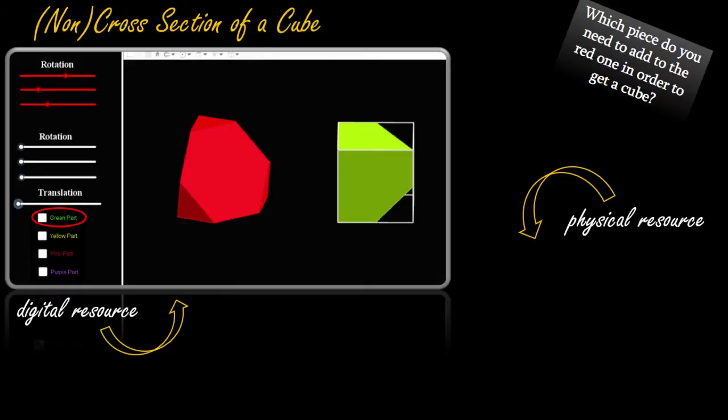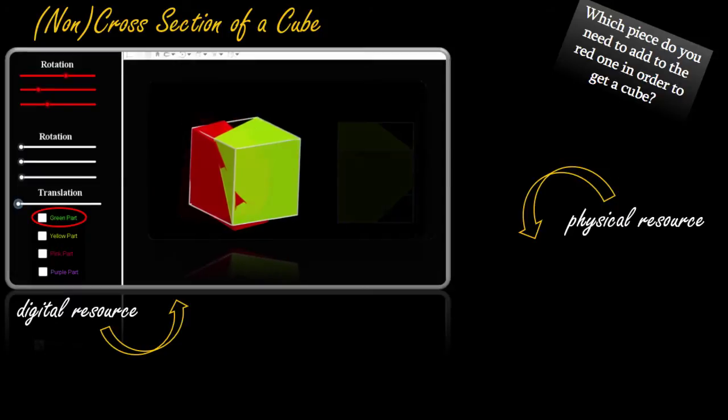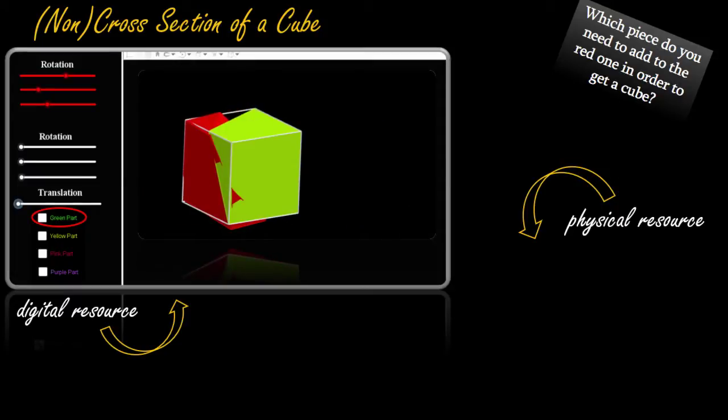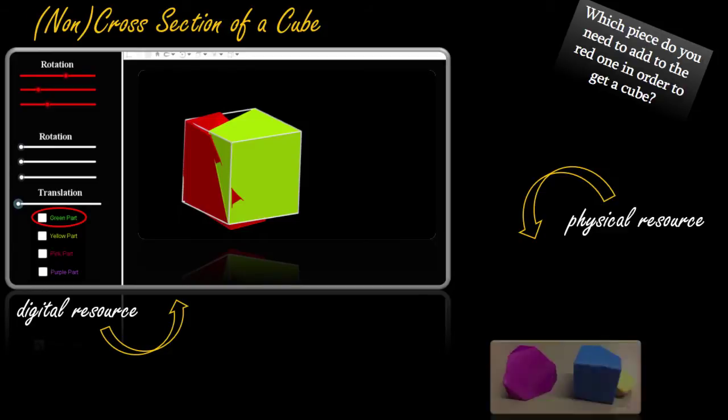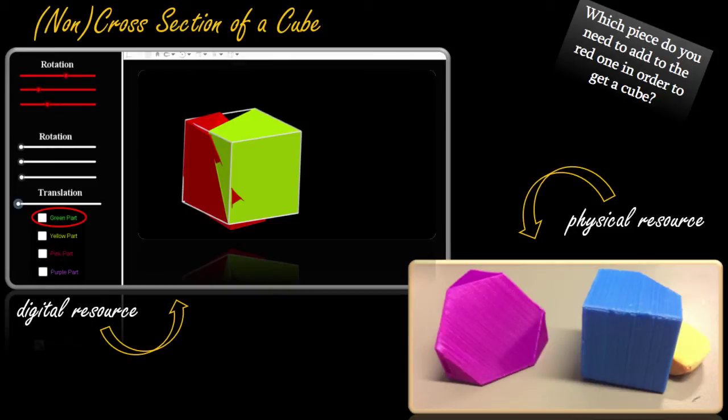For example, now we can see that this green part could be the second part of the cube in this position. But when we manipulate it and use translation, we can see that this green part isn't correct. Here we can also see the printed part of the cube.